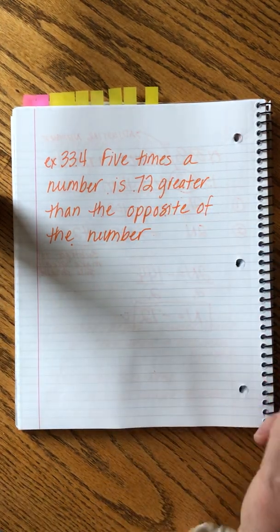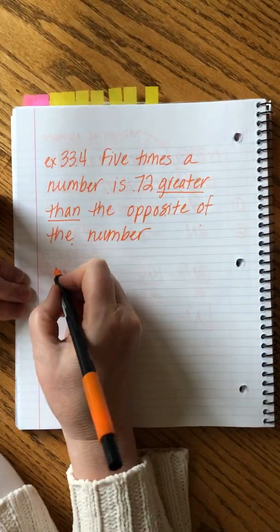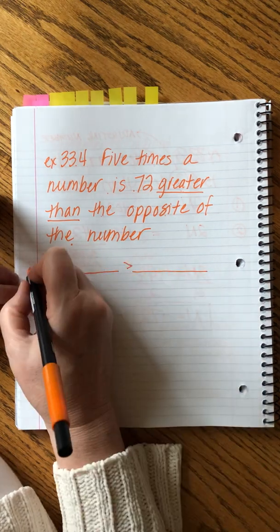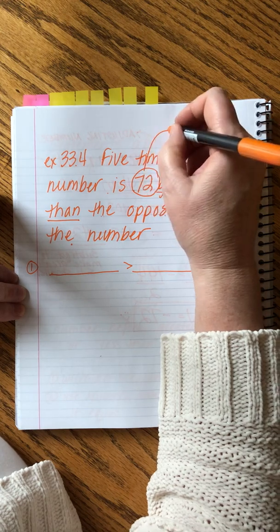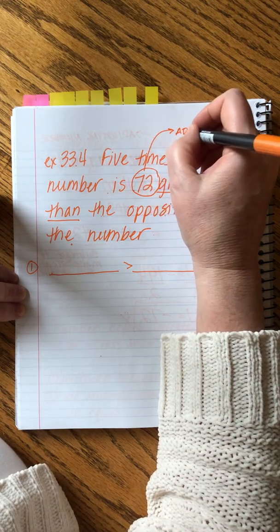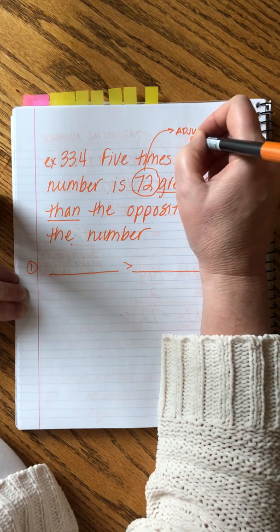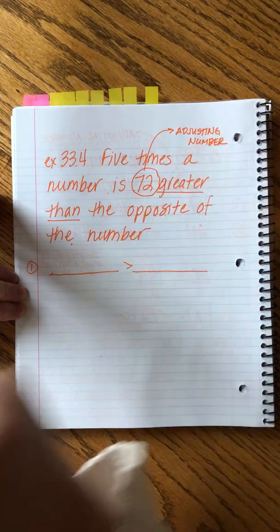Okay, we look for the words greater than or less than. There they are. We know that that means we're going to have something is greater than something in our first round. We see there's our adjusting number. We'll hang on to that. We won't put it in on the first step. We'll use this on the second step to balance.